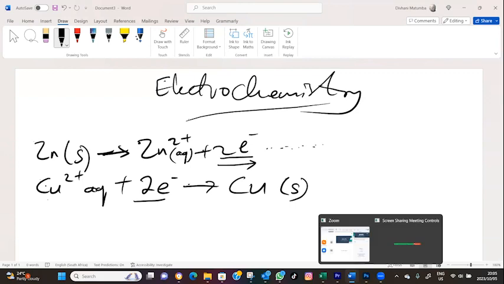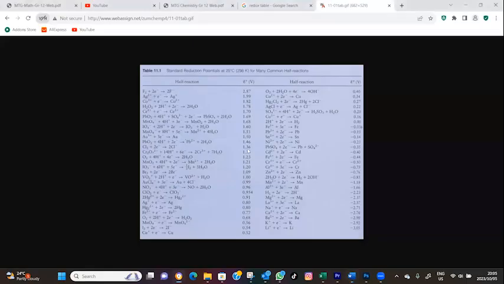So we're going to go to the redox table. If you check here, there's a column of potential differences for each and every reaction. We have a copper reaction and we have a zinc reaction right there.